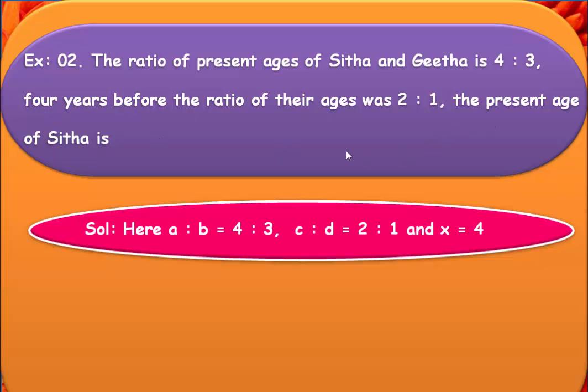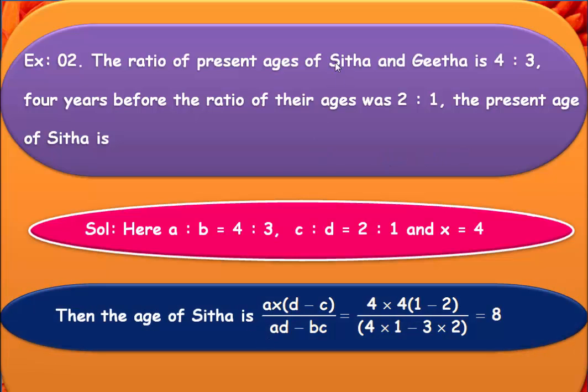Now the present age of Sita: Sita is the first member, so by calculating the first quantity, that is ax(d - c)/(ad - bc), that equals a is 4, into x is 4, into (d - c), 1 - 2, divided by ad, 4 into 1, minus bc, 3 into 2. This gives 8.